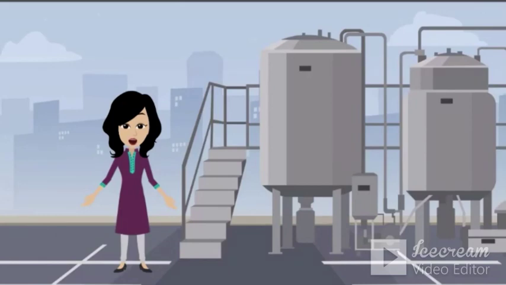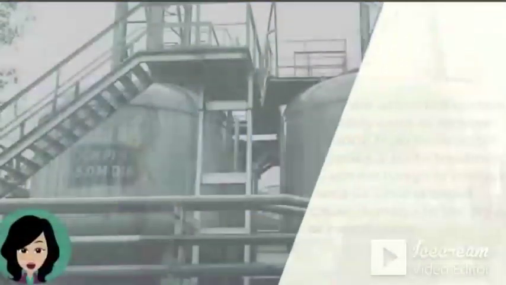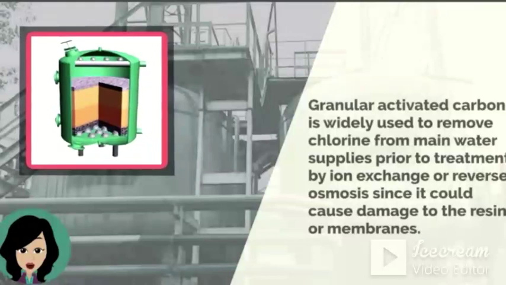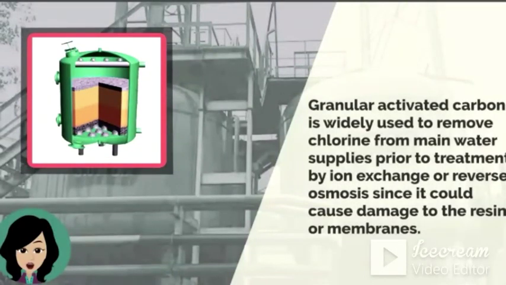The important part of water filtration is the pressure filter, which plays a major role in water treatment. Granular activated carbon is widely used to remove chlorine from main water supplies prior to treatment by ion exchange or reverse osmosis, since it could cause damage to the resins or membranes.